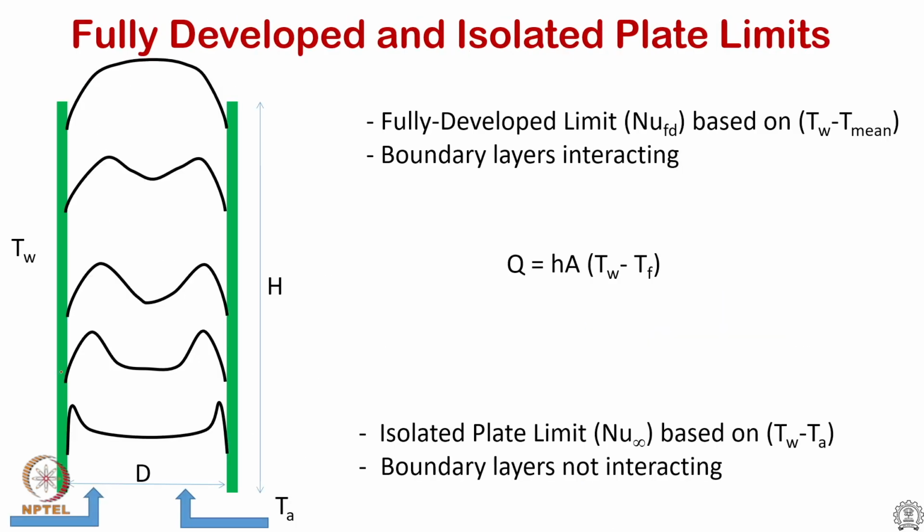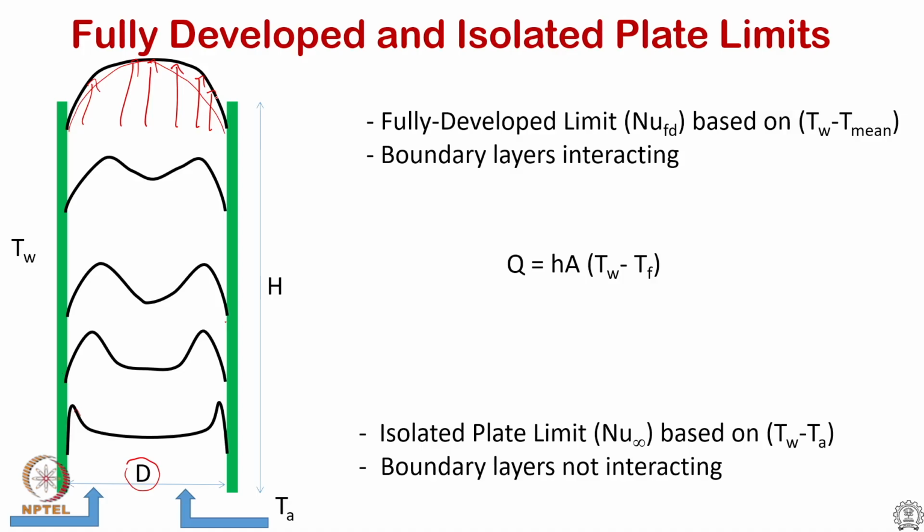If I were to put one isothermal wall and another isothermal wall separated by a distance d, initially as flow enters there is a boundary layer growth that happens closer to the wall, and if the channel length is long enough, even the natural convection case will see fully developed flow at the exit of the duct.